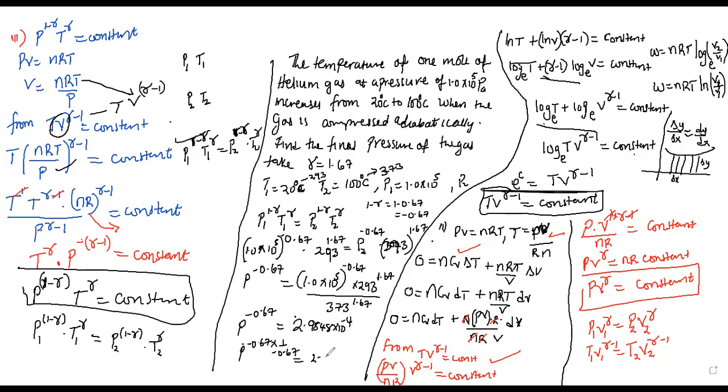So this side you have 2.98 times power negative 4, times negative 1 over 0.67. So this will divide off and I'll remain with P. So that answer you've got, raise it to the power negative 1 over 0.67.